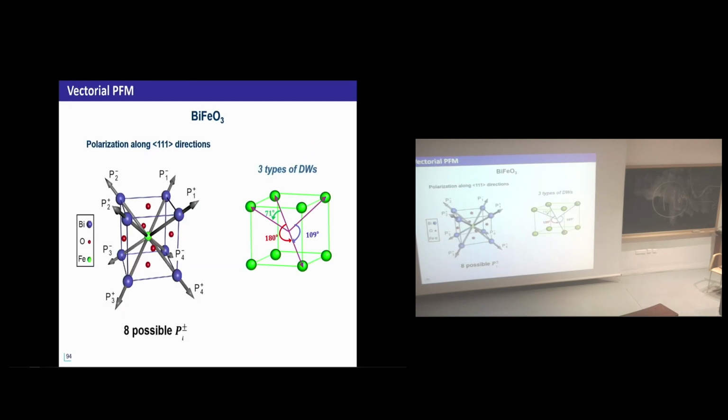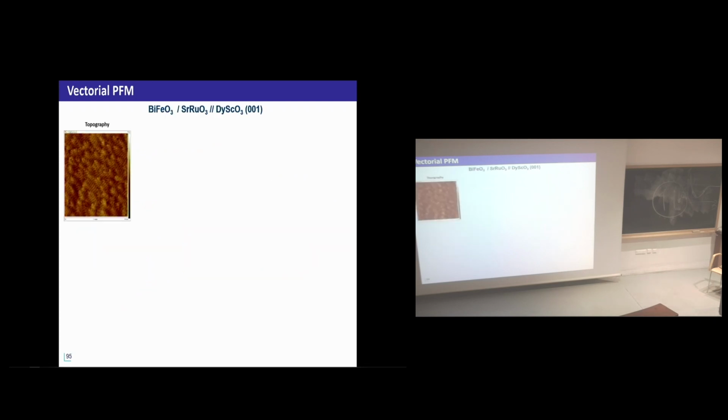Okay, let's do an exercise on BFO. There are 8 possibilities in the 111 directions. Let's call them P1, P2, P3, P4, plus or minus depending on up or down. I bring you a sample of BFO on SRO and DSO, and this is the topography.